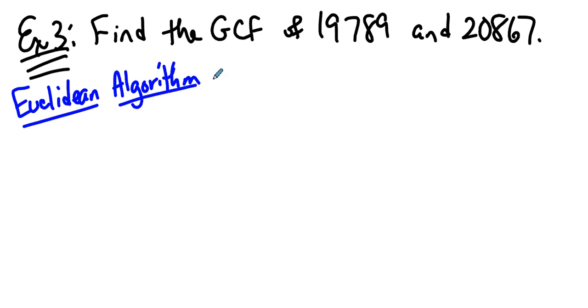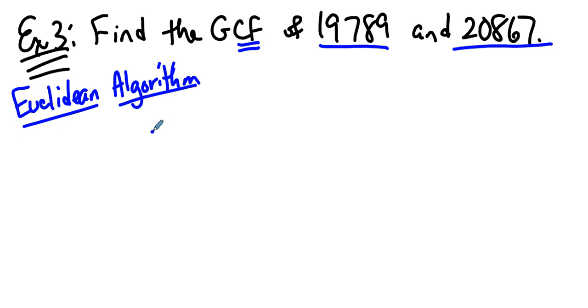And the Euclidean algorithm is predicated upon the notion that the GCF of any two numbers is the same as the GCF of their difference. So clearly we're looking at common factors. So if you take common factors of those two numbers and then you subtract those two numbers, it's still a common factor of their difference.